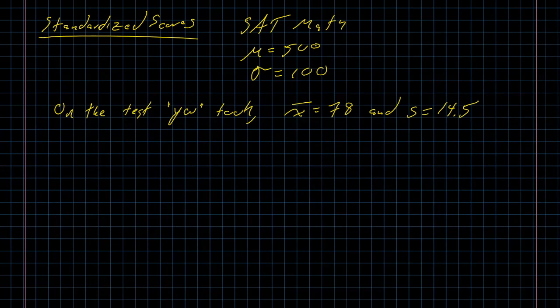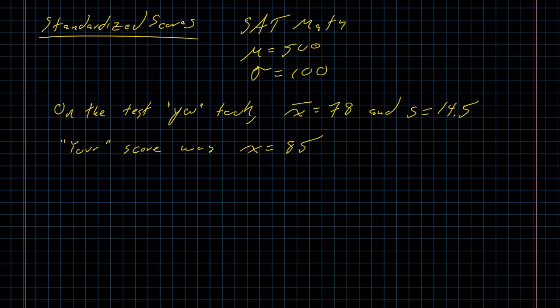So let's say on the test that you took, the average score, using the scoring of multiple choice questions, correct equals 1, incorrect is negative 0.25, and blank is 0, was 78 and the standard deviation was 14.5. And your score was 85.